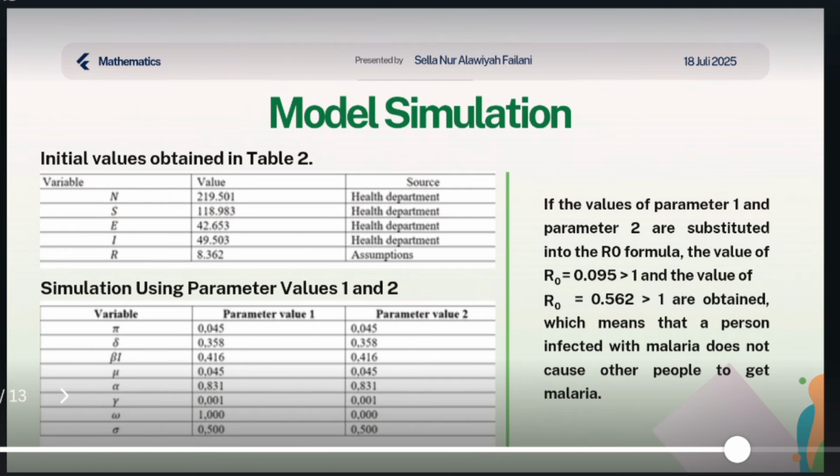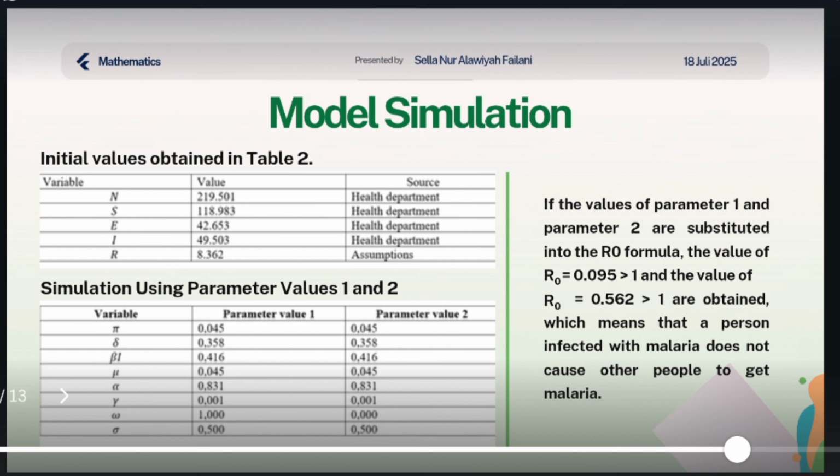Next, model simulation. Assumed variables and values are as listed in the table. Simulation uses parameter values 1 and 2 as written in the table.